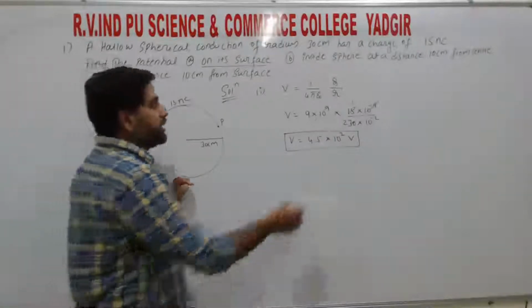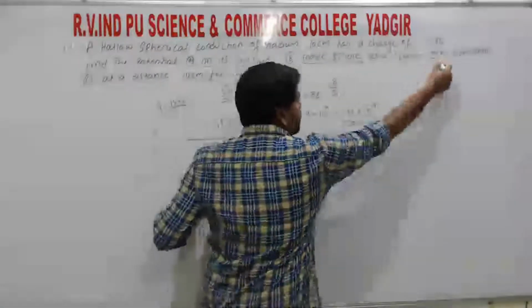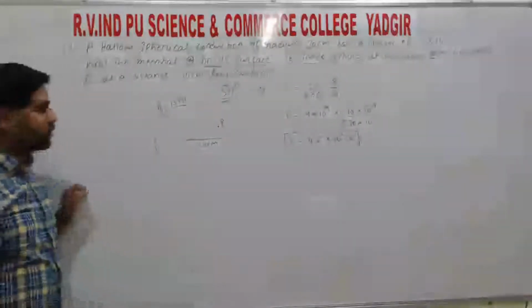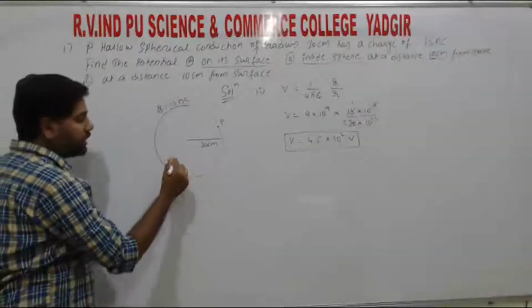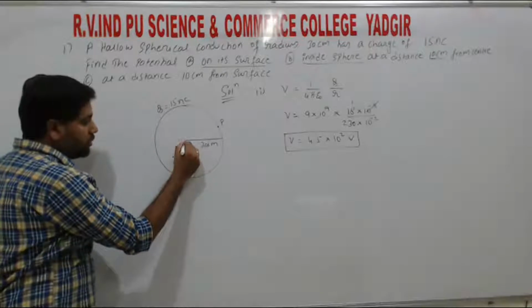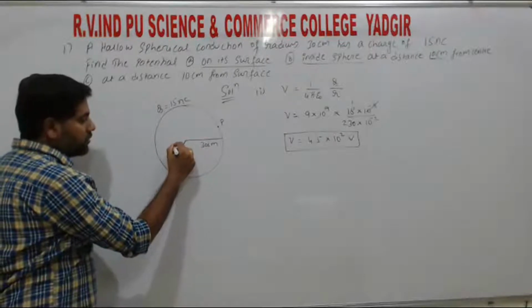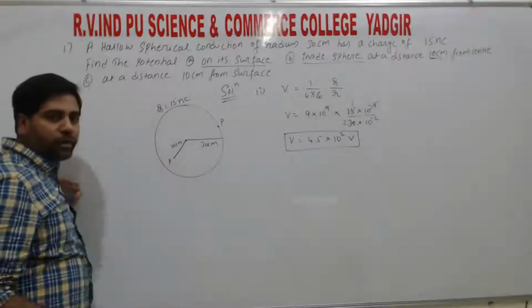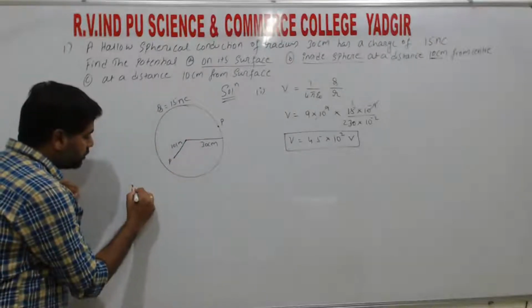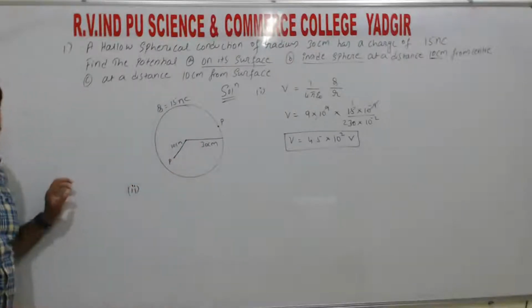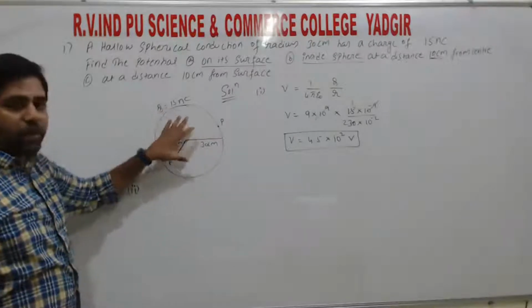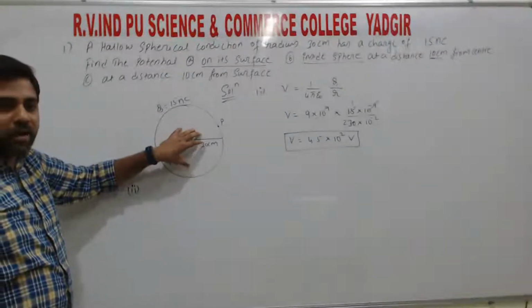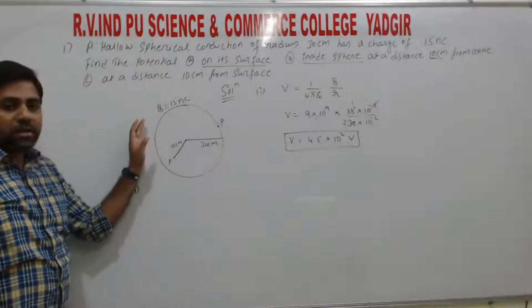Next, inside a sphere at a distance of 10 centimeter. So this is a sphere of radius 30 centimeter, and this distance is 10 centimeter from the center, considering the point P. For the second case, we know that the potential inside the sphere remains constant, and that value is equal to the potential on the surface.